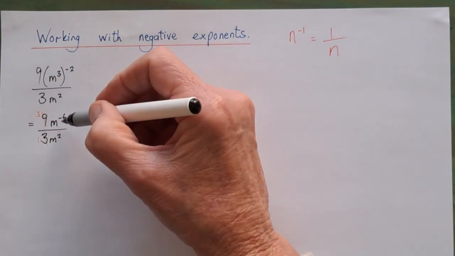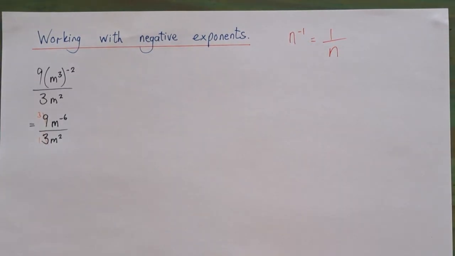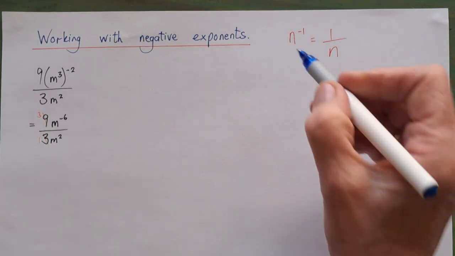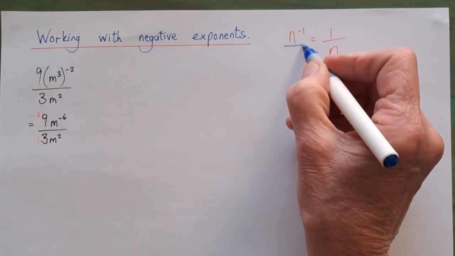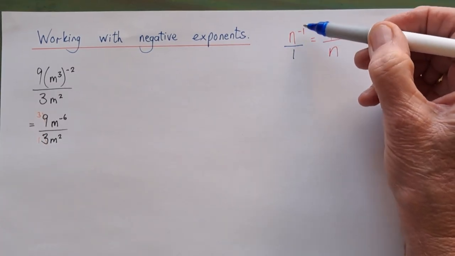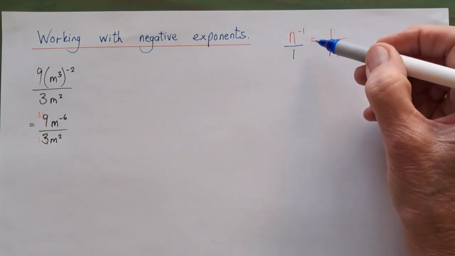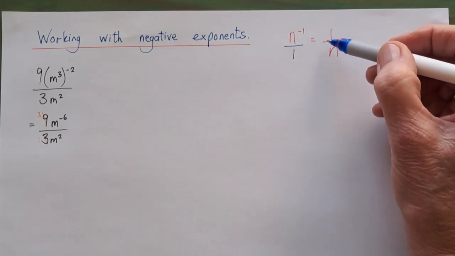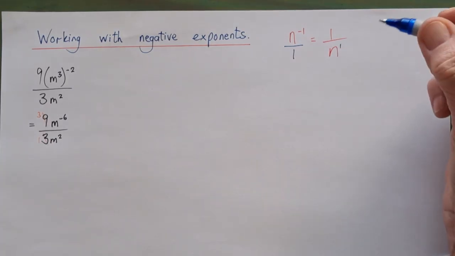And then here we're going to be using the rule, and I've put the rule up there so that you can refer to it all the time. So if you remember that n to the minus 1 actually means n to the minus 1 over 1, so that is acting as being in the numerator. Maybe it will also make it a little bit clearer to you. And then also remember that when it's becoming 1 over n, it's becoming 1 over n to the power of 1.